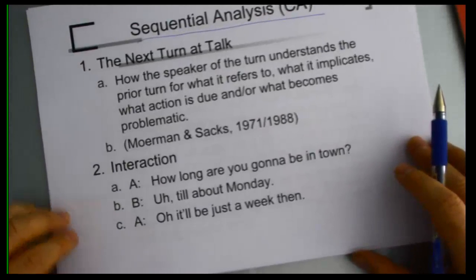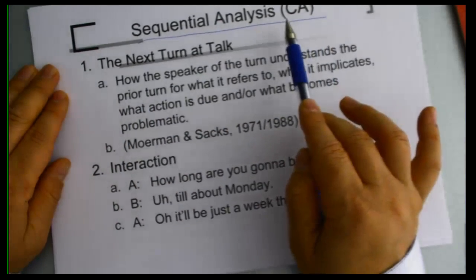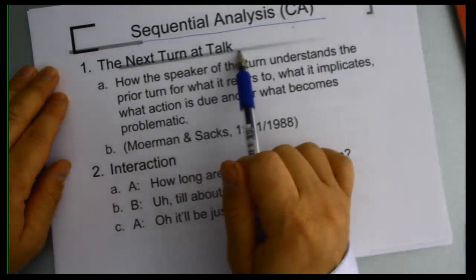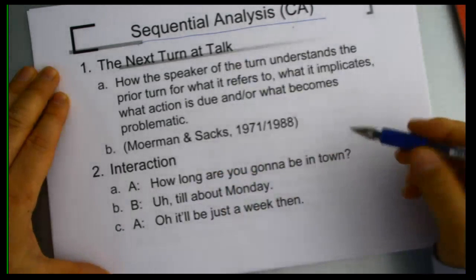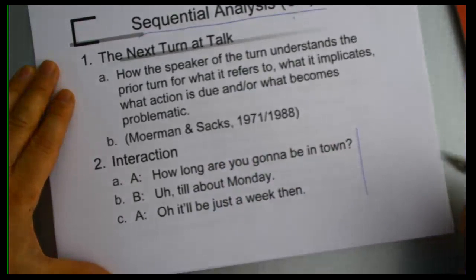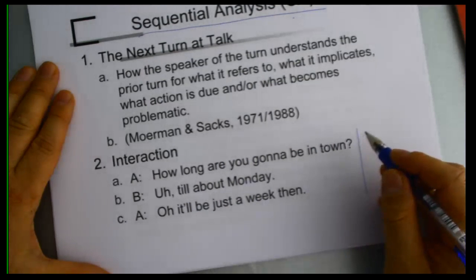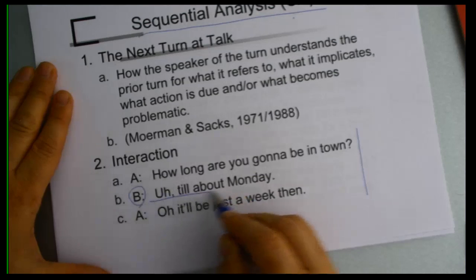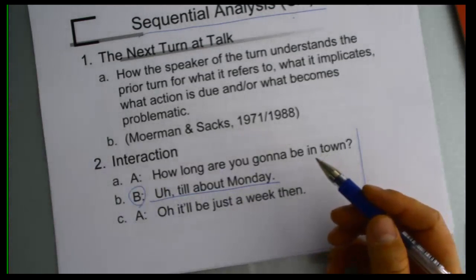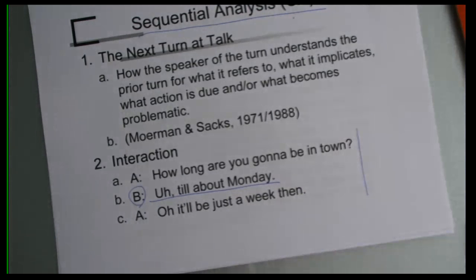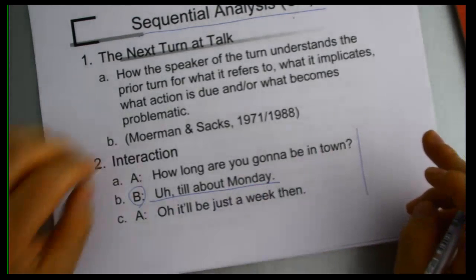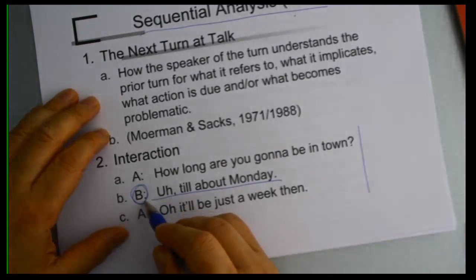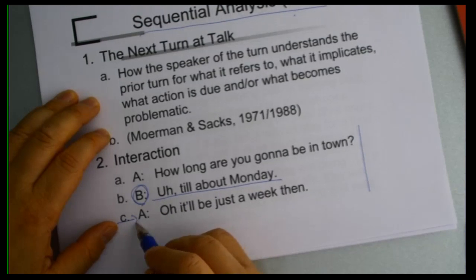When they examine speaking, they look at the next turn at talk. So when you examine conversations, in order for you to understand how B understands A, you simply look at the next sentence. And if you want to understand what B means, you simply look at the next sentence, and so on.